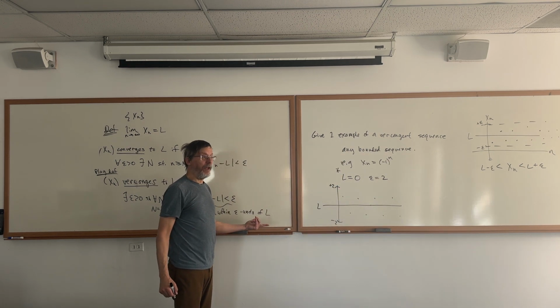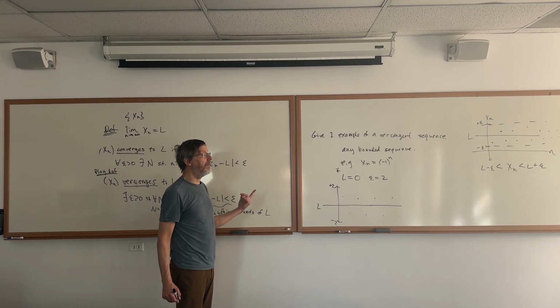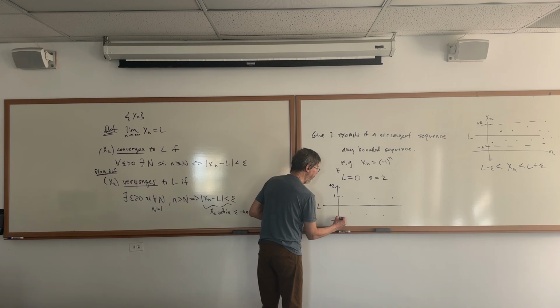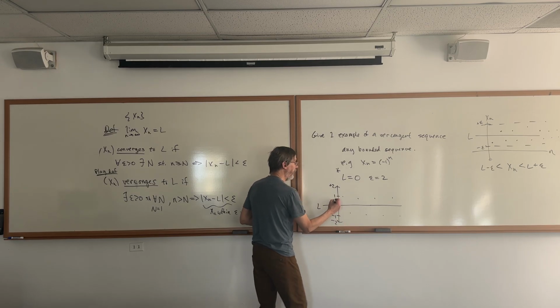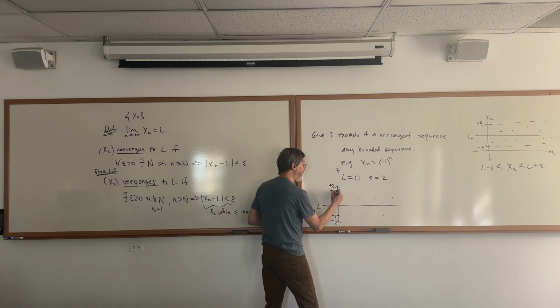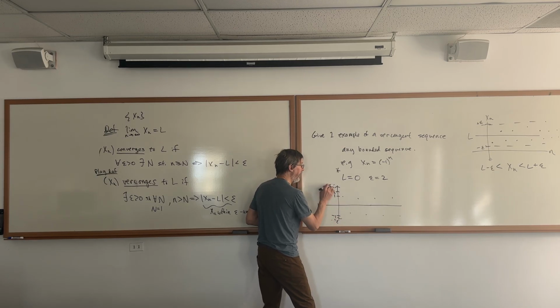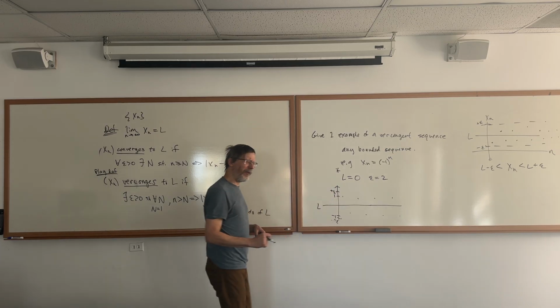Is that epsilon unique? What's the smallest epsilon it could be? What's the smallest epsilon I can have so that plus epsilon and minus epsilon live inside there? Is there a smallest?